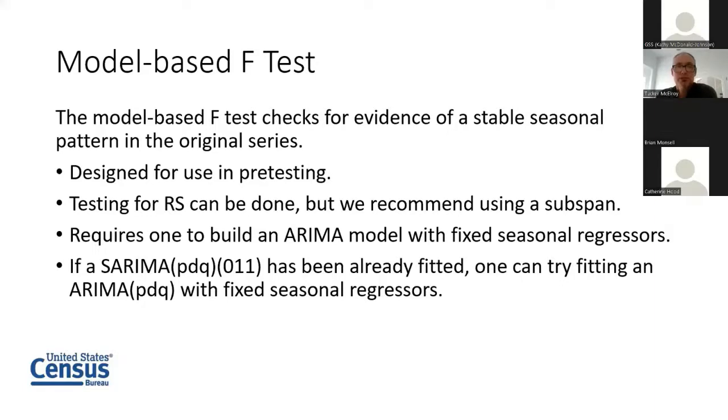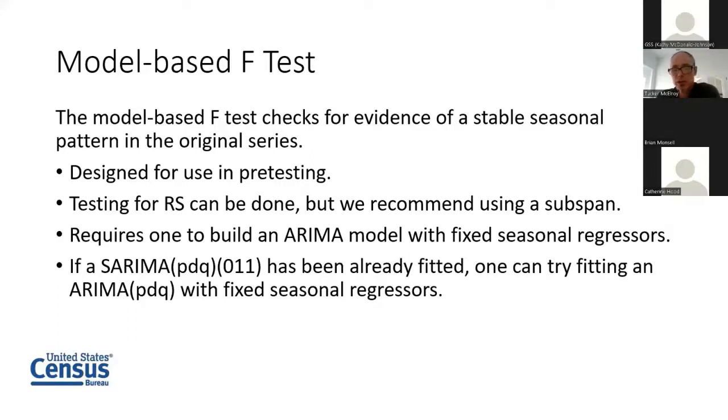So first, the model-based F-test. It checks for evidence of a stable seasonal pattern, and it's really designed for pretesting. You can apply it in the third step to look for residual seasonality, but there we would recommend using a subspan. It does require one to build a regARIMA model, since it's based on looking at regression coefficients in a regARIMA model.